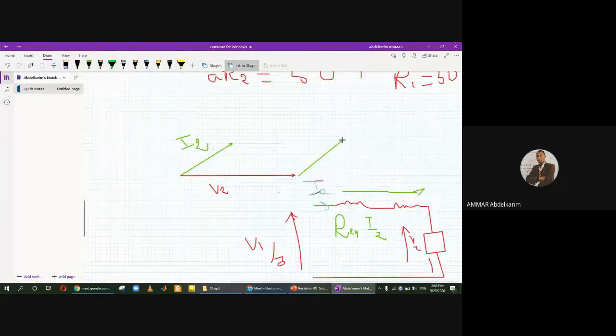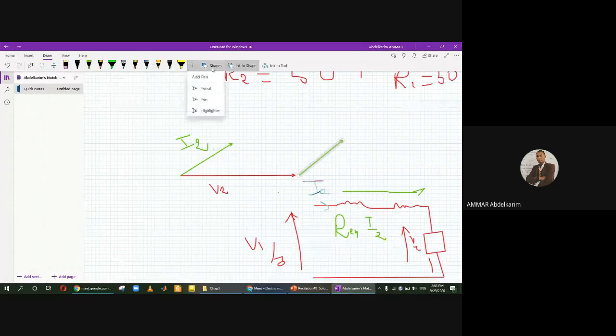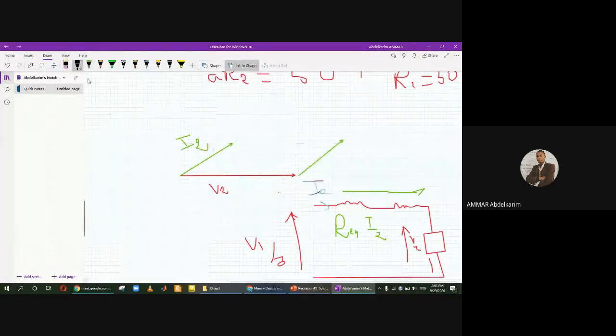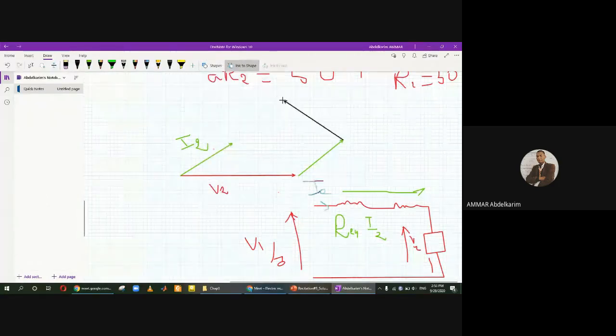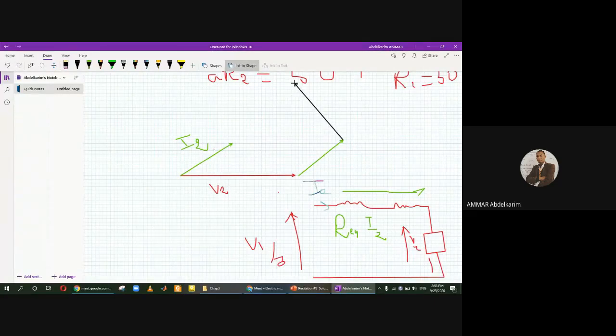The inductance will be shifted by 90 degrees relative to the resistance. So this is the inductance. When we want to draw a real Phasor diagram, you should respect at least the scale.